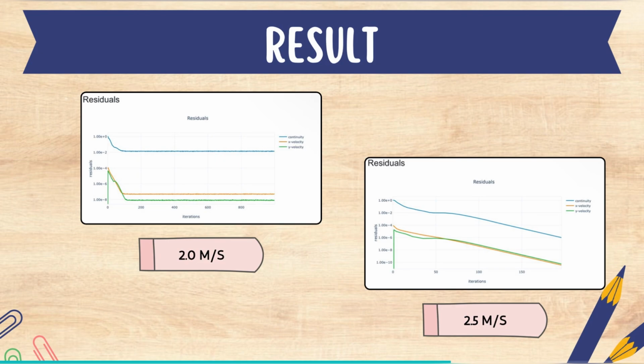At 2.5 m/s, the residuals take longer to converge and show less stabilization compared to 2 m/s. This suggests that the higher velocity introduces more complexity to the flow, requiring additional iterations to converge. The continuity and velocity components stabilize at higher residual values compared to 2 m/s.